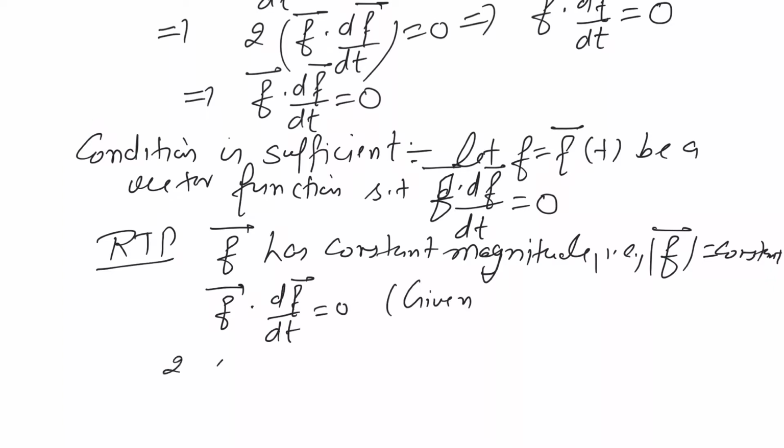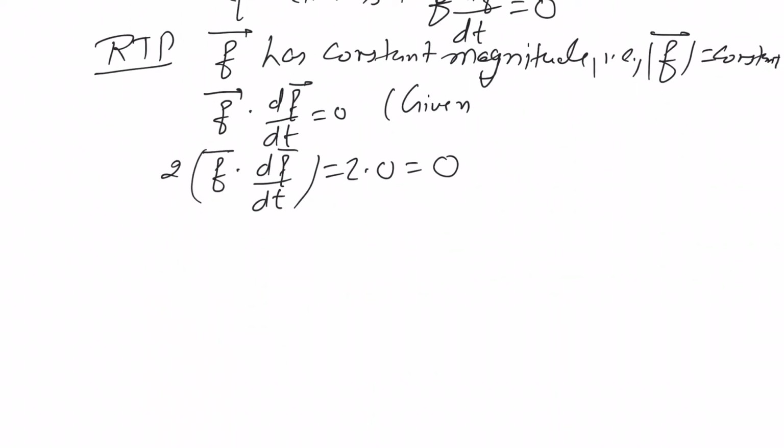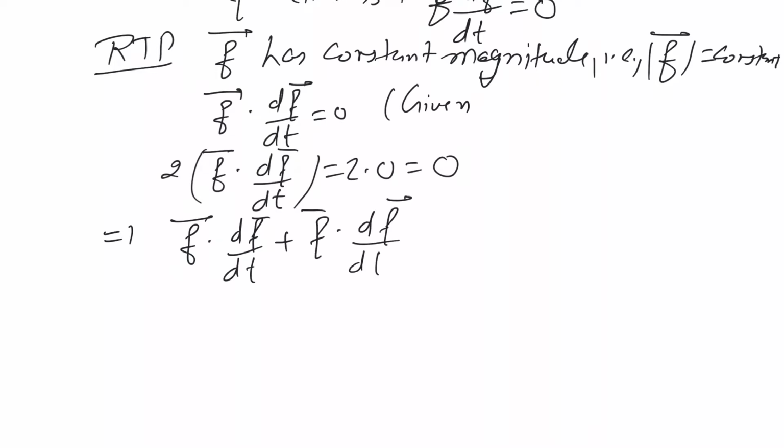Multiplying both sides by 2, that we can do. We have the authority to multiply with 2 on both sides. Next, we can write it as f dot df by dt plus f dot df by dt, because 1 plus 1 is 2.